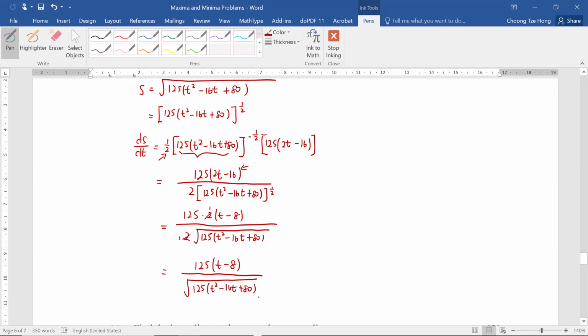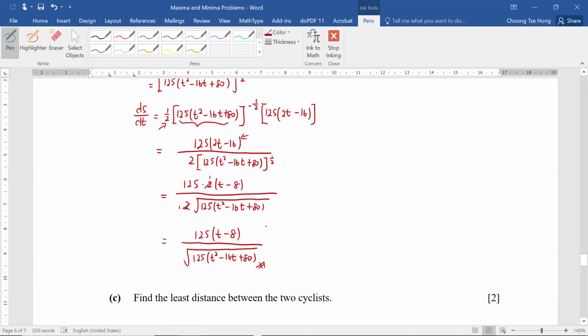So this will be the expression for ds/dt, just using the chain rule. But I must admit that for 2 marks, this is a bit tricky to differentiate and then simplify the expression.